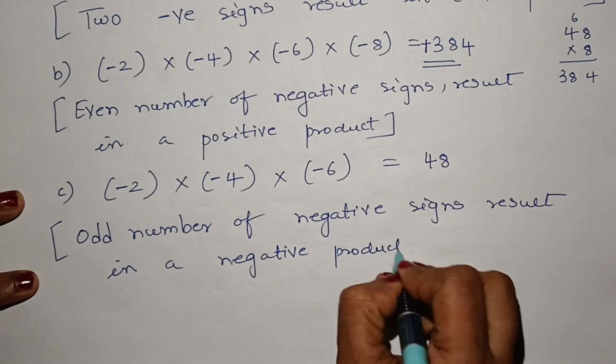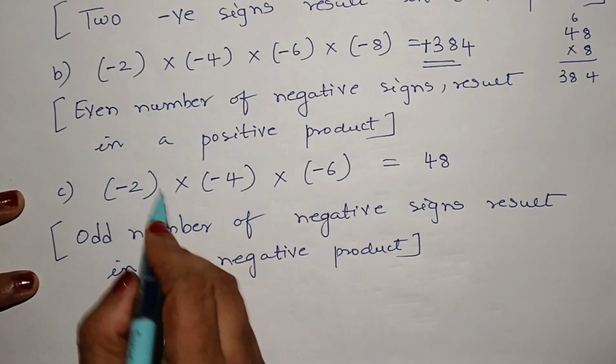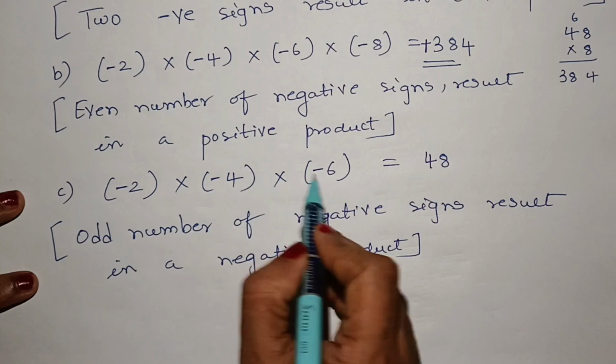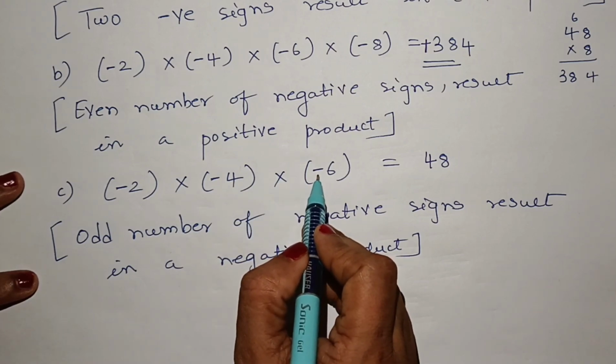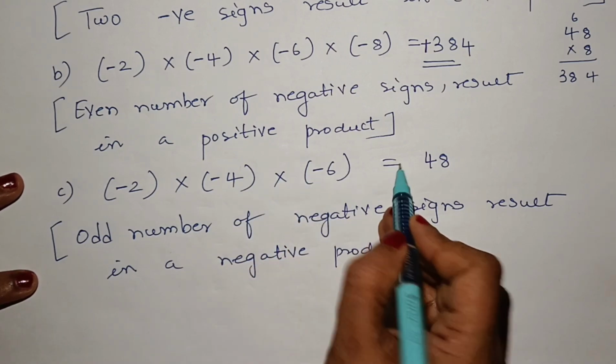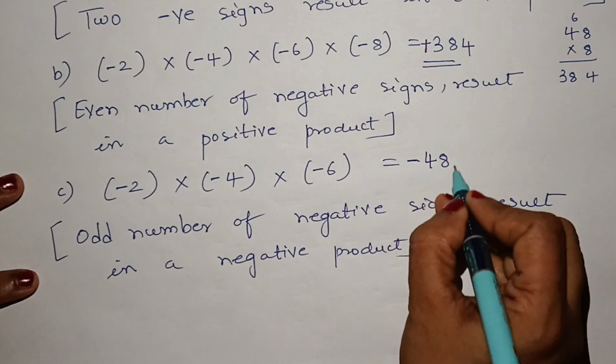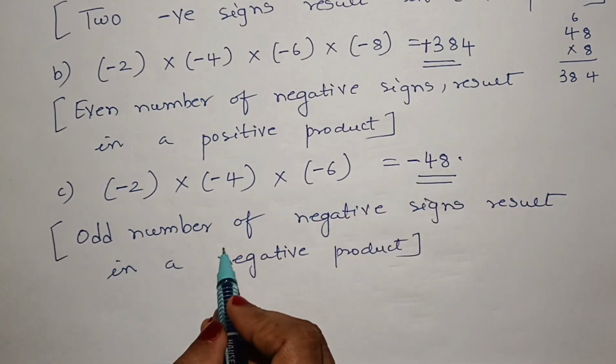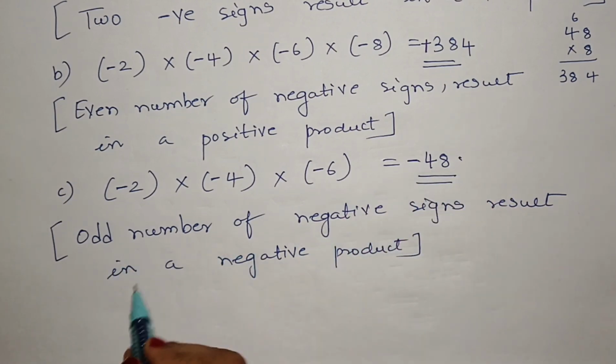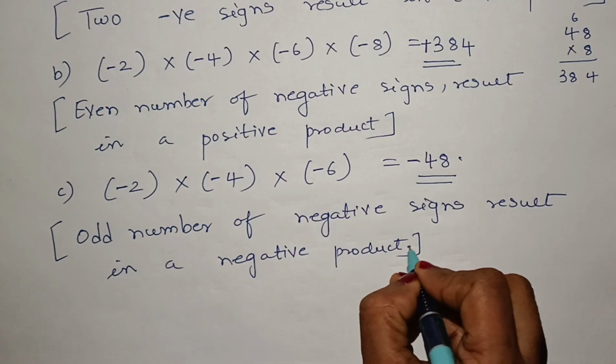In case if you have odd number of negative signs, let's see 1 2 3. Is 3 an odd number? Yes. It means in the answer you should get negative sign. So odd number of negative signs result in a negative product.